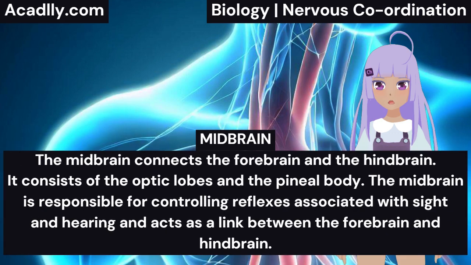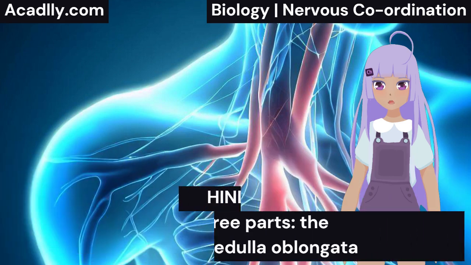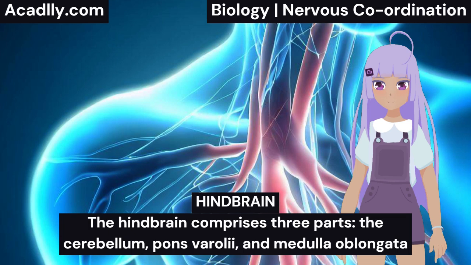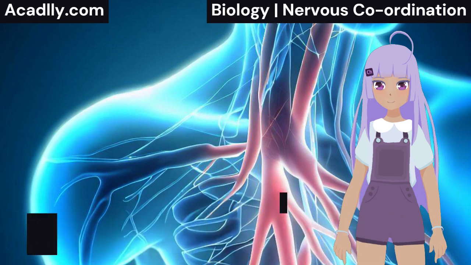Midbrain. The midbrain connects the forebrain and the hindbrain. It consists of the optic lobes and the pineal body. The midbrain is responsible for controlling reflexes associated with sight and hearing, and acts as a link between the forebrain and hindbrain. Hindbrain. The hindbrain comprises three parts: the cerebellum, pons varolii, and medulla oblongata.